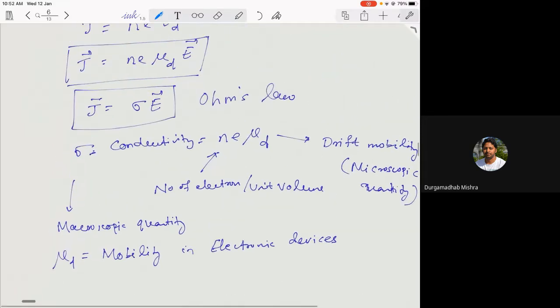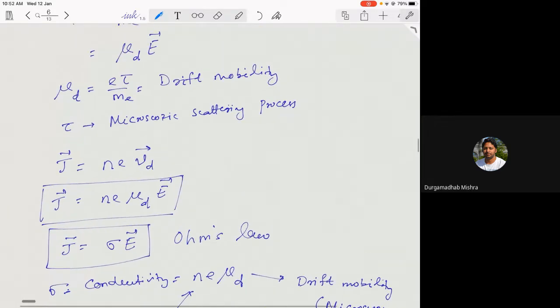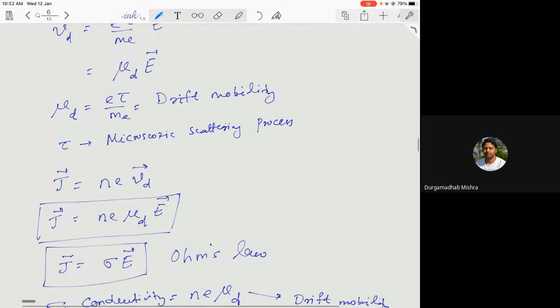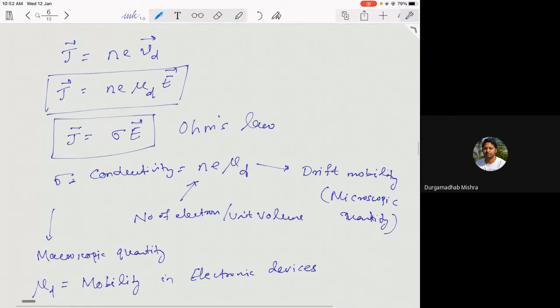If you look at the expression for sigma, the conductivity, if mu D is high, mobility is high, so you'll have a higher conductivity.